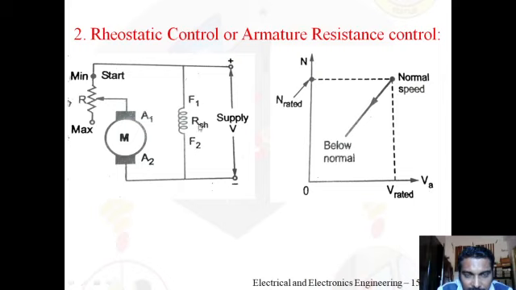RSH represents the shunt field winding, which is of large value. The voltage is constant, therefore ISH becomes constant and the flux remains constant, so it is called a DC shunt motor or a constant speed motor, as we have seen, because the flux remains constant.